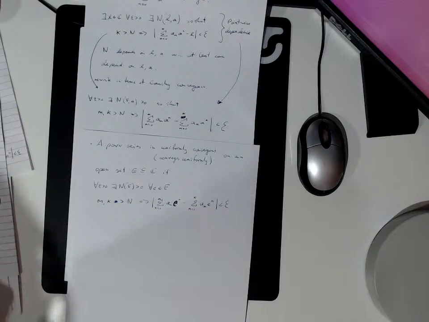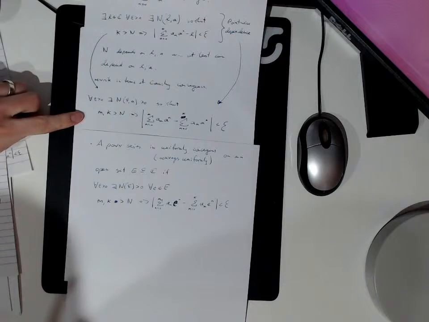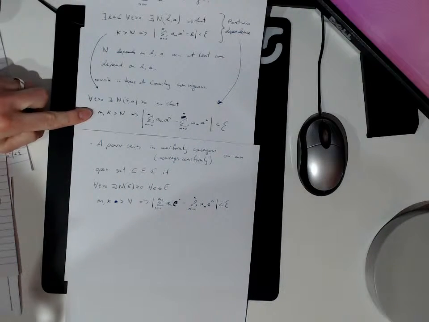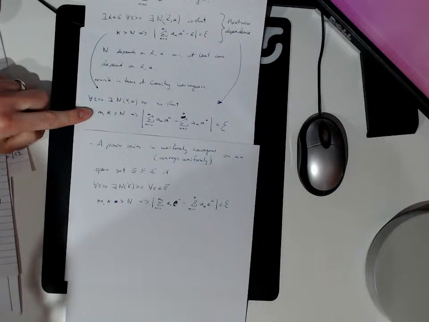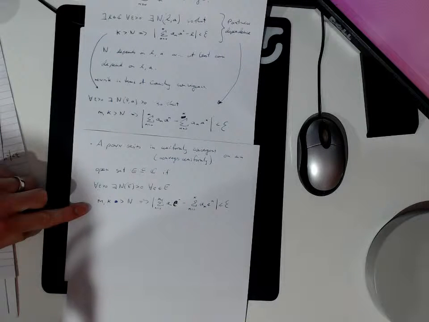And the distinction can be a bit confusing. So, in this definition, I had A beforehand. This is saying that the sequence converges at A. This is saying that the sequence converges for any z inside our set, capital E. But it says more than that.